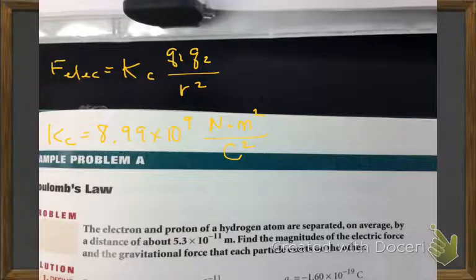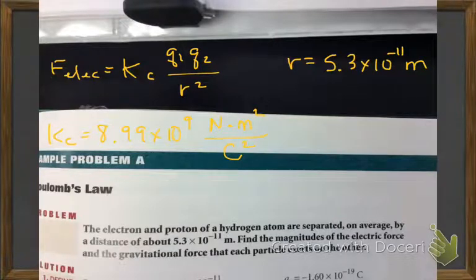What's some other information that's given in this problem? Distance. What do you think we're going to do with that? It is for R. So R is equal to 5.3 times 10 to the negative 11th meters.